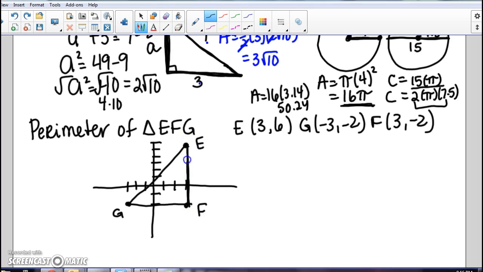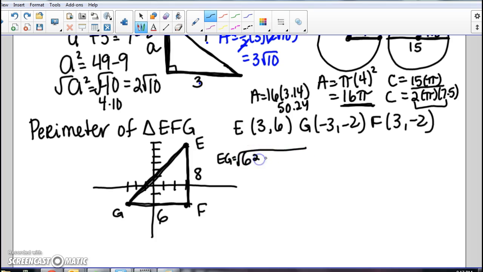The nice thing about that is we can actually find this because it is a right triangle. They're both at negative 2. So we have down 2 and then up 6. So it looks like this side is 8. Looks like we can count this side also. So let's see, we have 1, 2, 3, 4, 5, 6, negative 3 to 3. And then with a little Pythagorean theorem, we don't have to draw it in. We can just do this. Pythagorean theorem to find EG.